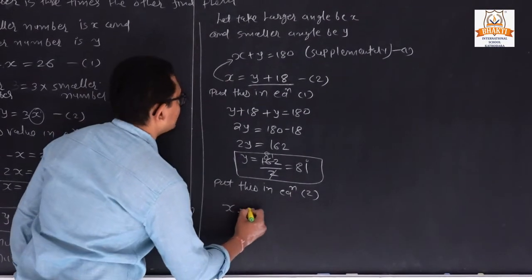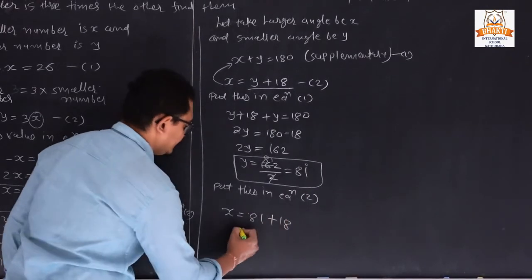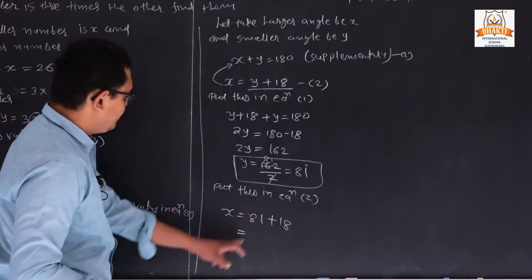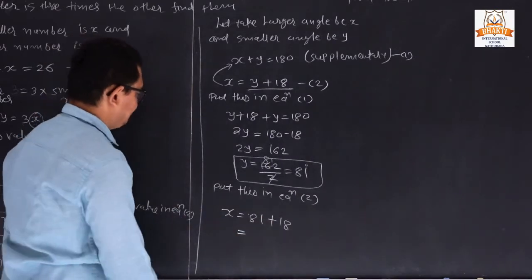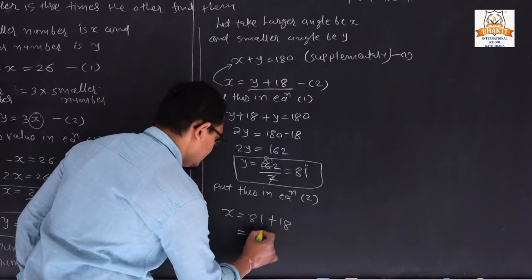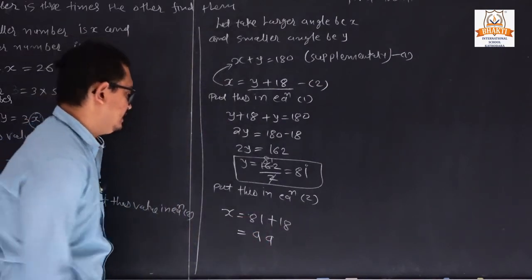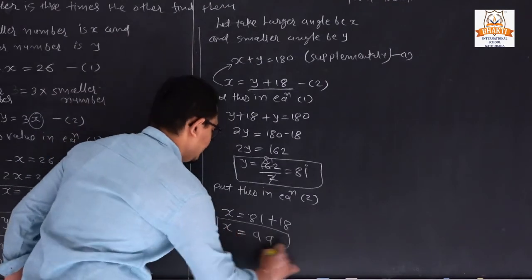So x is equal to y plus 18. What is y? 81 plus 18. So it is 99. Clear? It is 99. So what is the larger angle? 99.